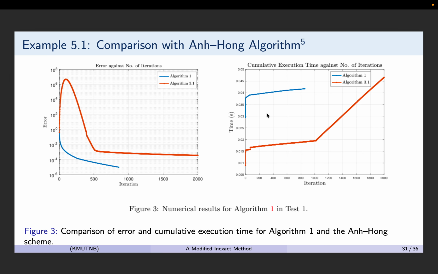In this case, this particular algorithm takes less computational time than our proposed method. But you can see that at less than 1000 iterations our proposed algorithm converges, while here you see up to 2000, and the time keeps on increasing.